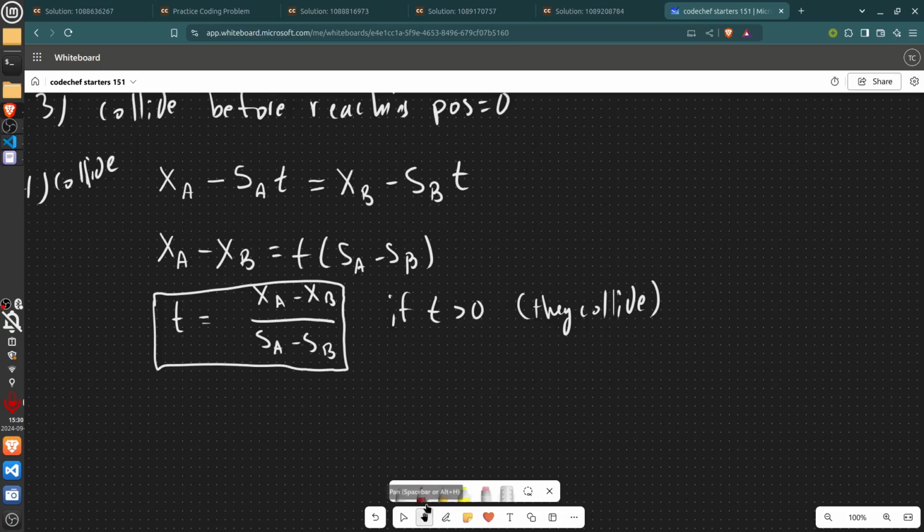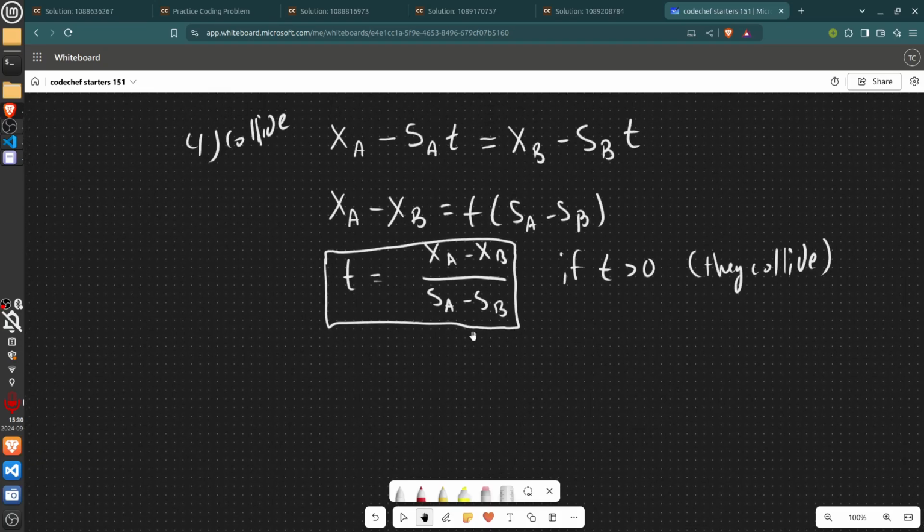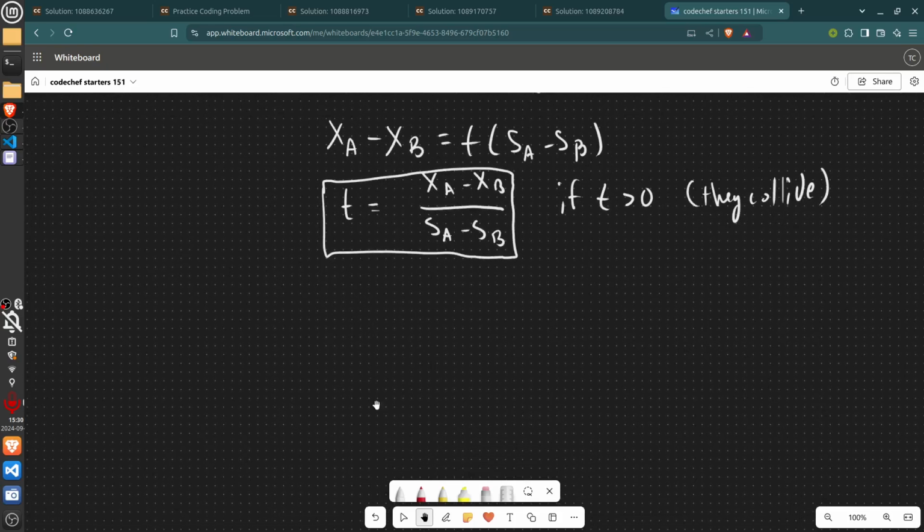Another important observation is that, well, this is an important observation because now we have a way of actually calculating given two pairs of balls.